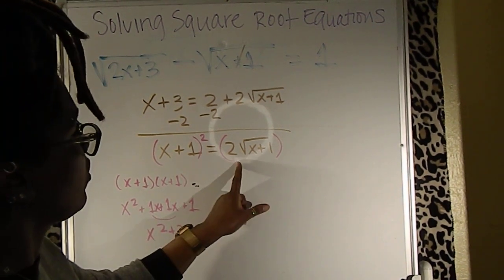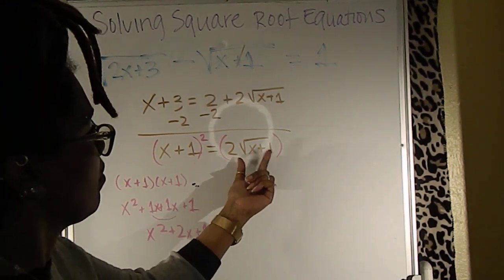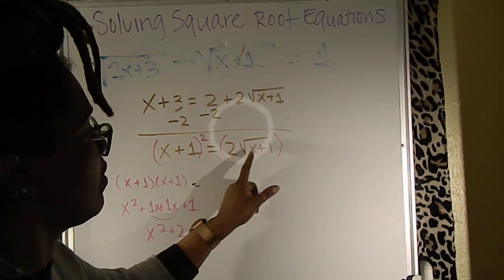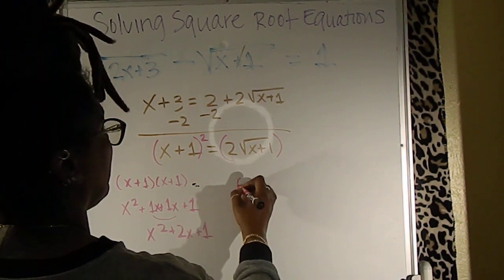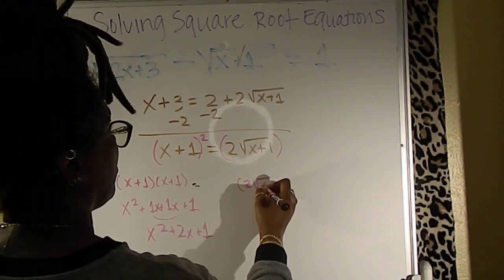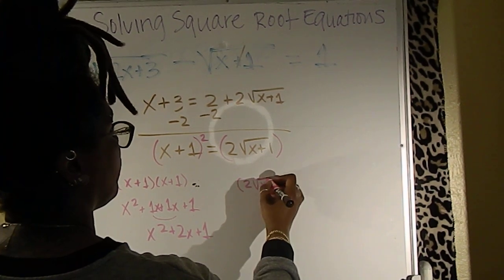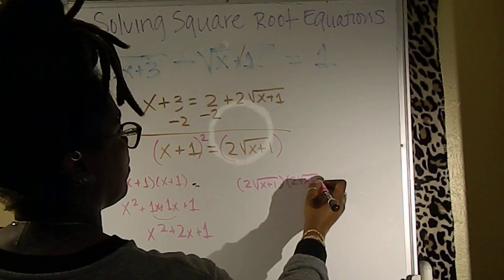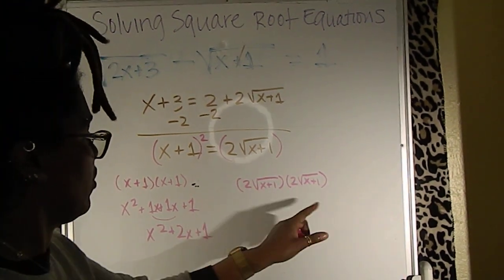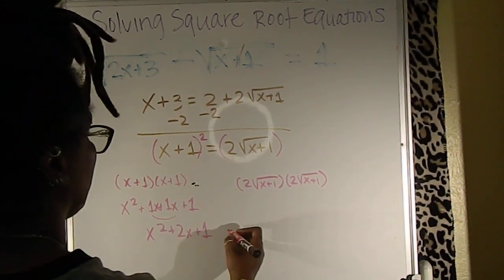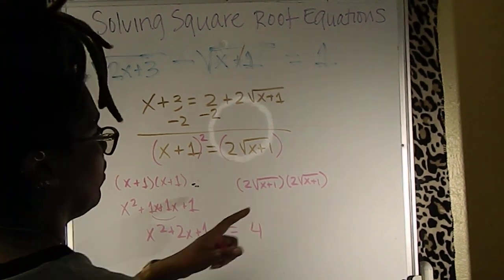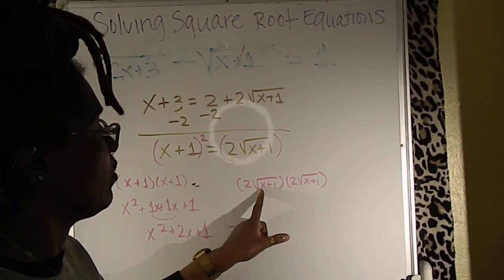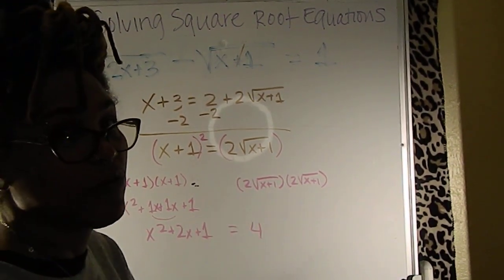And then this one squared. Now this, you're going to square the outside and then square the radical, right? It means the same thing. It means 2 times the square root of x plus 1 times 2 times the square root of x plus 1. 2 times 2 is what? And what's the square root of x plus 1 times the square root of x plus 1?